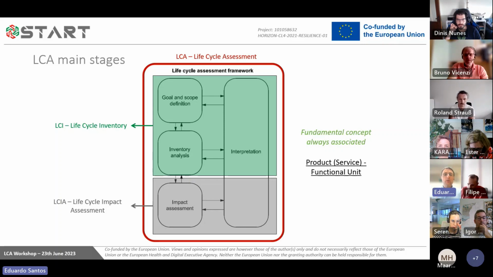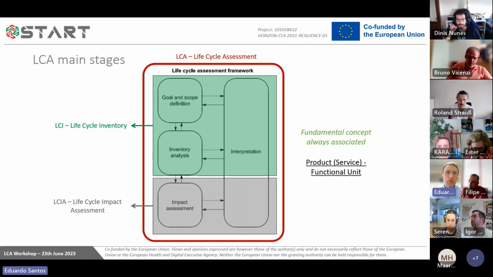So we have basically, when doing an LCA, two parts, the life cycle inventory and the life cycle impact assessment. Usually the life cycle inventory is the stage that takes a longer time to do. It involves, first of all, the definition of the goal, the objectives of the assessment, and also the scope.